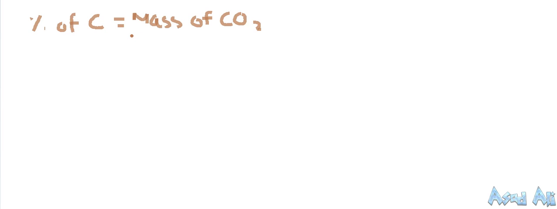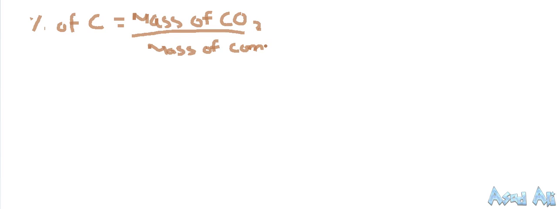So first of all, we have to calculate the percentage of carbon. It's an easy way. Write mass of CO2 divided by mass of compound, that is the compound which is subjected to combustion analysis.